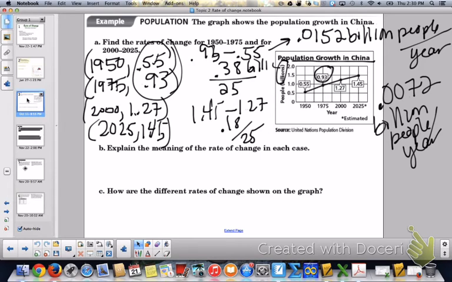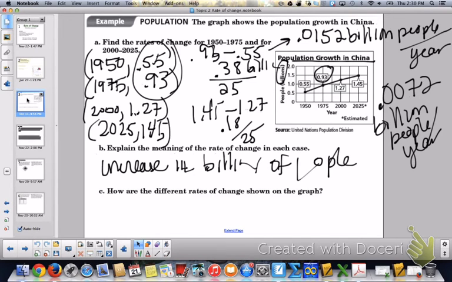Well, it is just talking about the increase, because it's positive, increase in billions of people per year.